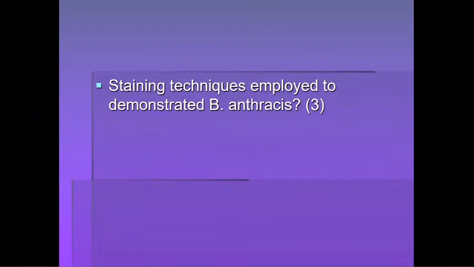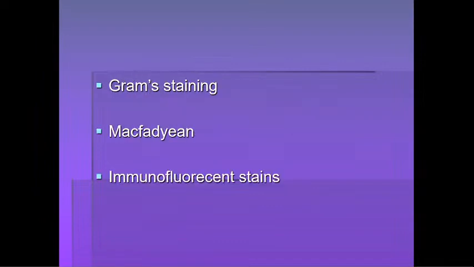Staining techniques that may be employed to demonstrate Bacillus anthracis include gram staining, McFadden stain, or immunofluorescent stains. I think gram staining is the most accessible for many hospitals around the world.